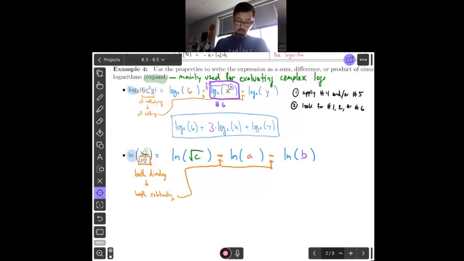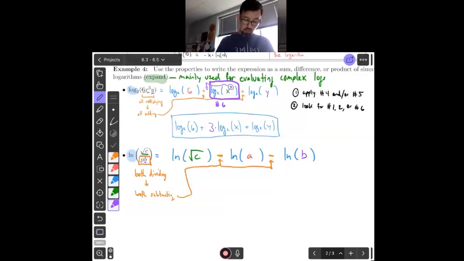Property 2 says that if the base and the argument are the same, that's log base e, there's no e there. So property 2 doesn't matter. Property 6 says that if there's an exponent, I need to deal with that.